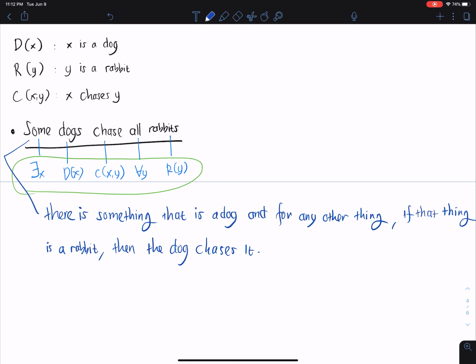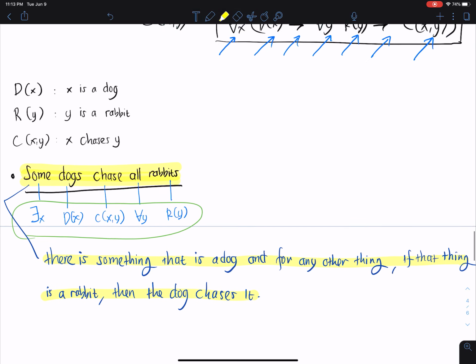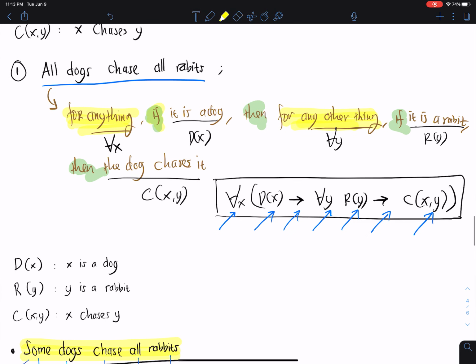Again, I would like you to try to understand if this statement here has the similar meaning or intention as the statement over here, saying some dogs chase all rabbits. If we compare with the previous examples, there we had all dogs chase all rabbits.